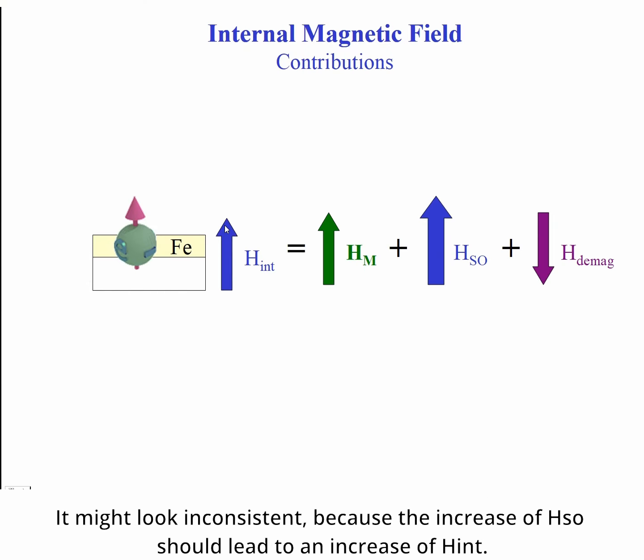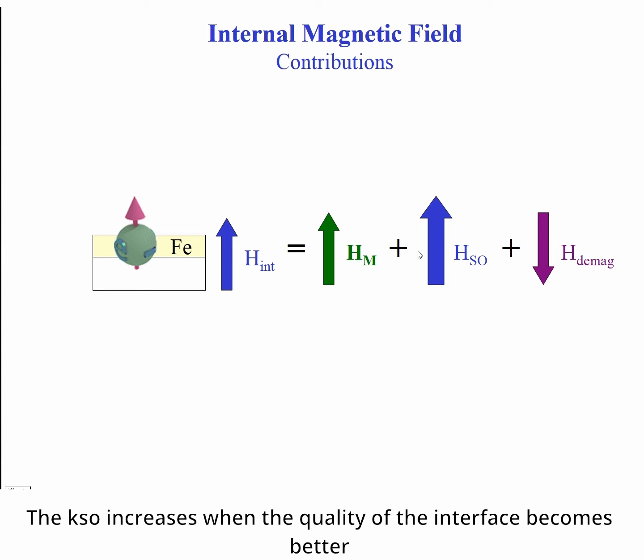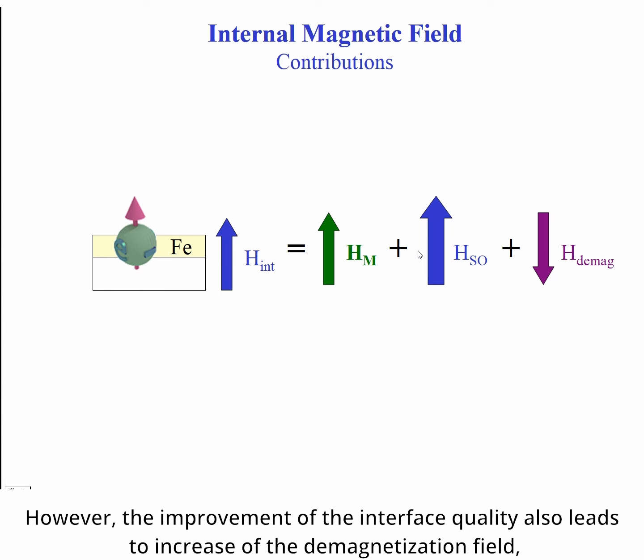It might look inconsistent because the increase of the magnetic field of spin-orbit interaction should lead to an increase of the internal magnetic field. However, the demagnetization field plays an important role in this dependence. The coefficient of spin-orbit interaction increases when the quality of the interface becomes better.